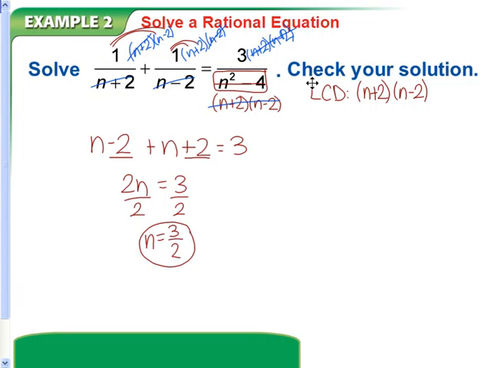Okay, so now we need to check it. So 1 over 3/2 plus 2 plus 1 over 3/2 minus 2 equal 3 over 3/2 squared minus 4. This looks like definitely something we want to do in our calculator.